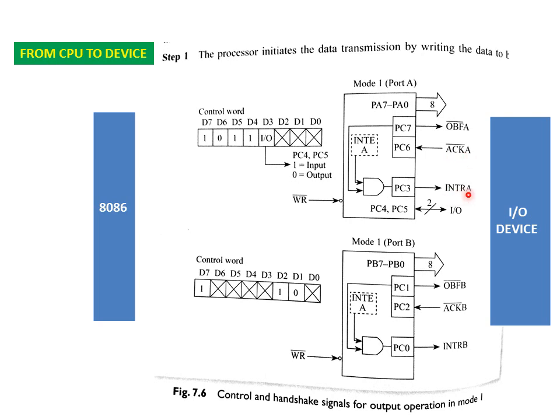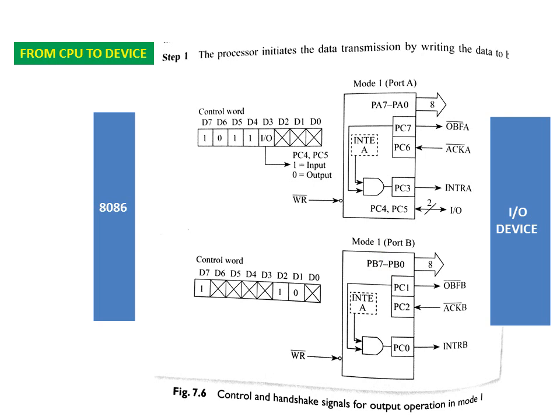Interrupt signal port A. Now PC6, PC7, PC3, PC4, PC5 are used as status and control signals. We already know port C bits are used for control and status signals, while port A and port B are used for data transmission signals.